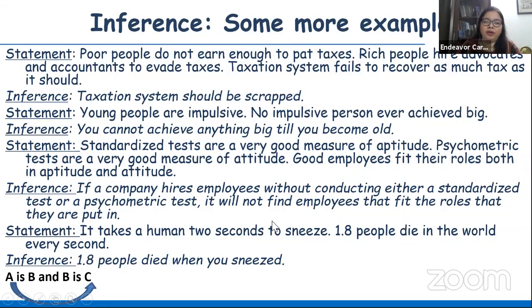So can I say 1.8 people died when you sneeze? They may have died. I cannot draw a definitive inference about human sneeze and people dying because there is a middle term connection between these two terms. Okay. So 1.8 people may have died, but you can't say 1.8 people definitely died when you sneezed, right?